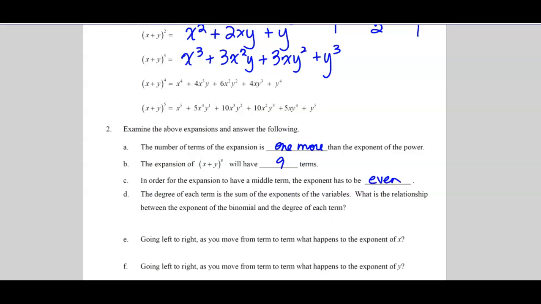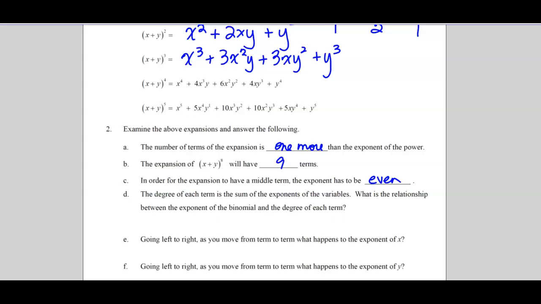Okay? The degree of each term is the sum of the exponents of the variables. What is the relationship between the exponent of the binomial and the degree of each term? So take a look at this one. This exponent here is 5. The degree of this term is 5, 5, 5, 5, 5, 5. Every term will have a degree the same as the exponent on that binomial.